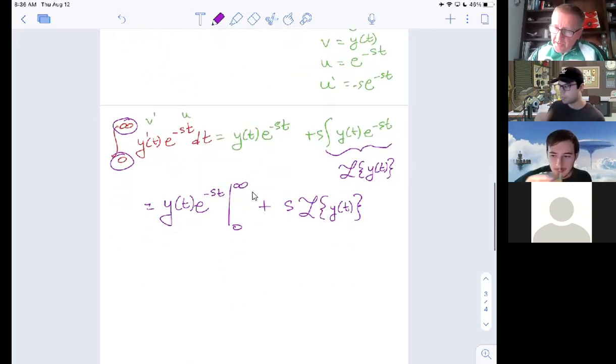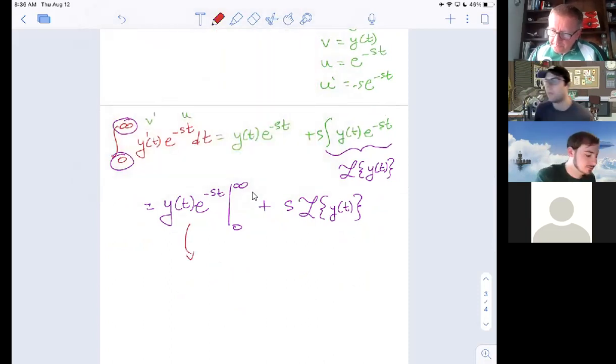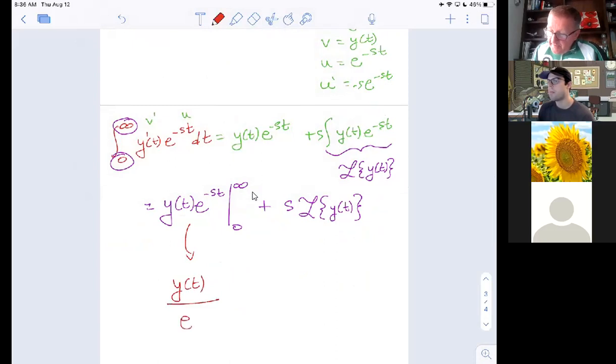So again, the question becomes, all right, what happens to this? Well, you should say, all right, when you put infinity in, don't you get y of t over e to the st? If I put it on the bottom, and since t is infinity, I'll go ahead and write s times infinity, but I could just write infinity, right? E to the infinity.